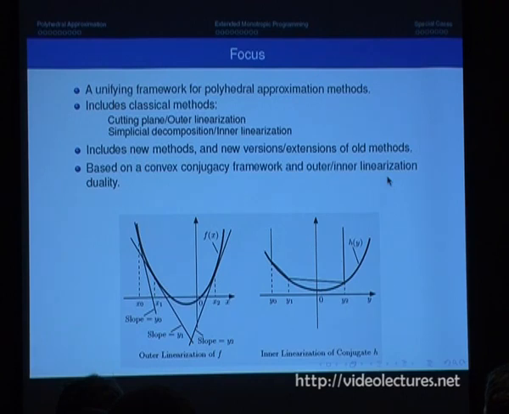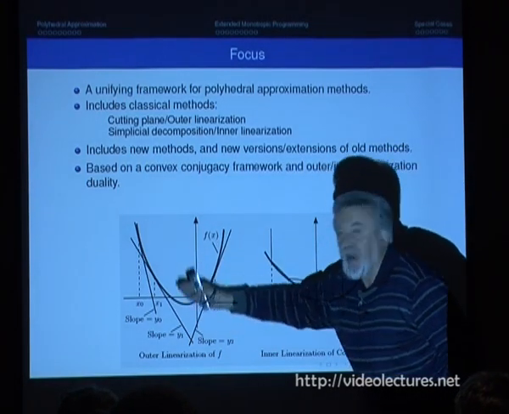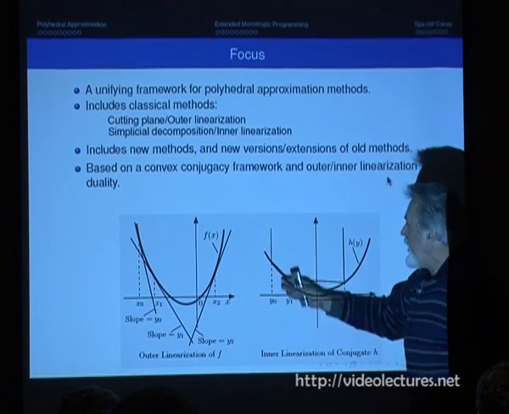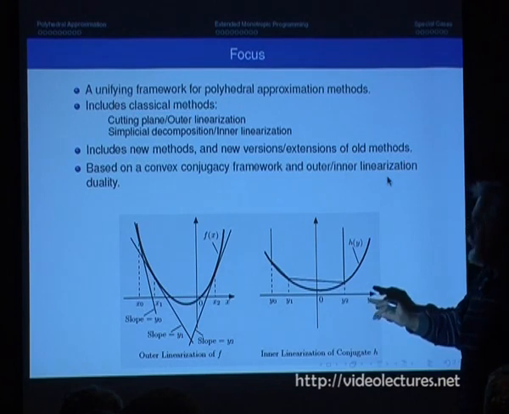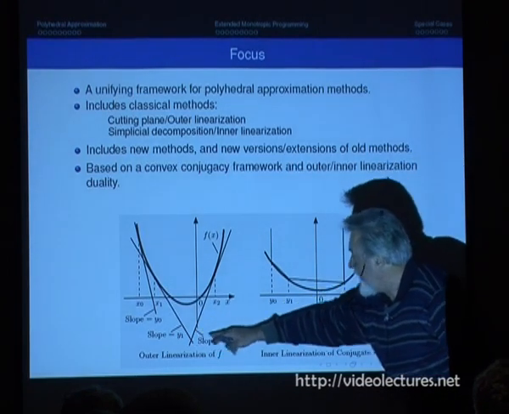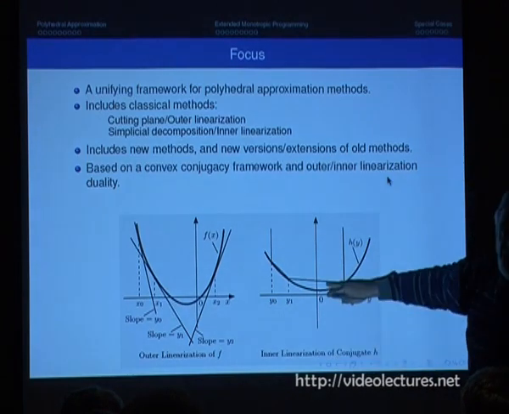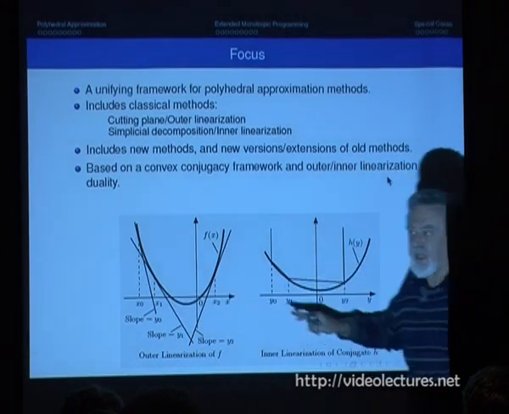It's well known that inner and outer linearization are connected by conjugacy. If you have a function f that's convex and you consider an outer linearization by subgradients, and consider the conjugate function of this f, which I call h, then the conjugate of the outer linearization is an inner linearization, where the breakpoints correspond to the subgradients here.